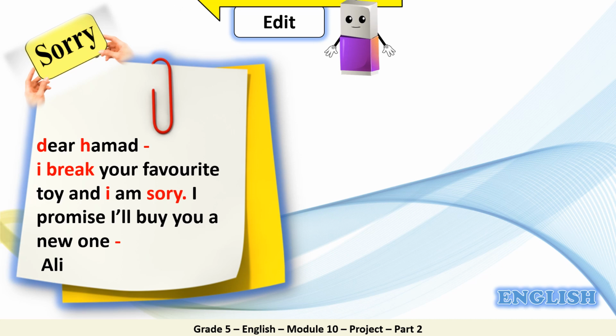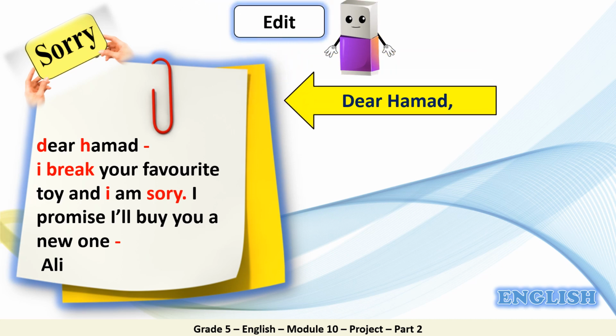Number one, Dear Hamad. Here, you have to use a capital letter. Dear, and the name of the person, H capital. So you have to add a comma. Dear Hamad, I broke. Don't say I break, but say I broke because the action finished.